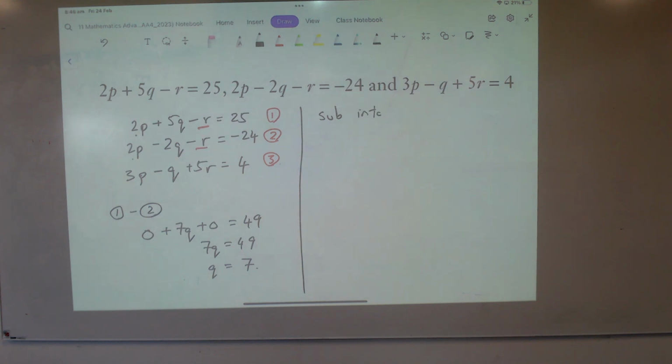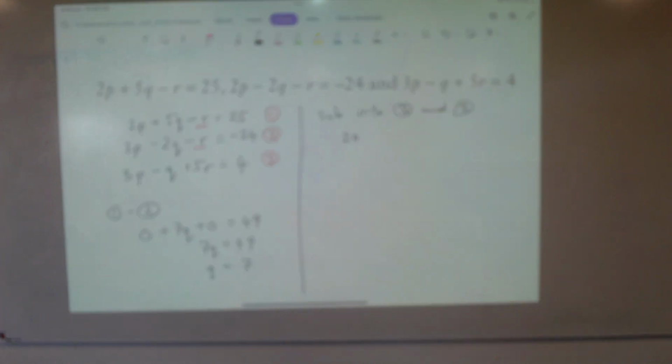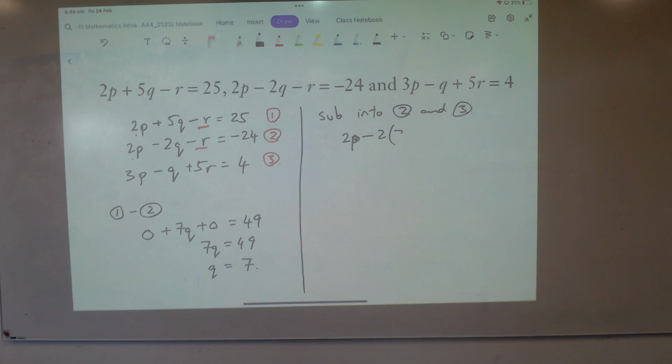Sub into, let's do 2 and 3 this time, and so we get 2p minus 2 times 7 minus r is equal to negative 24. And if we do that, it's negative 14, I'm going to add it, we get 2p minus r is equal to minus 10.